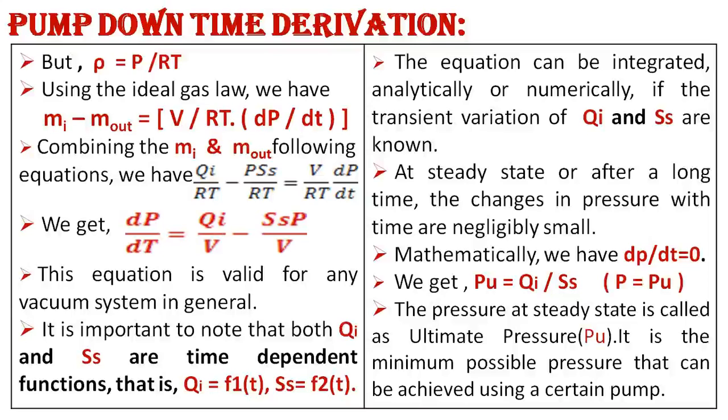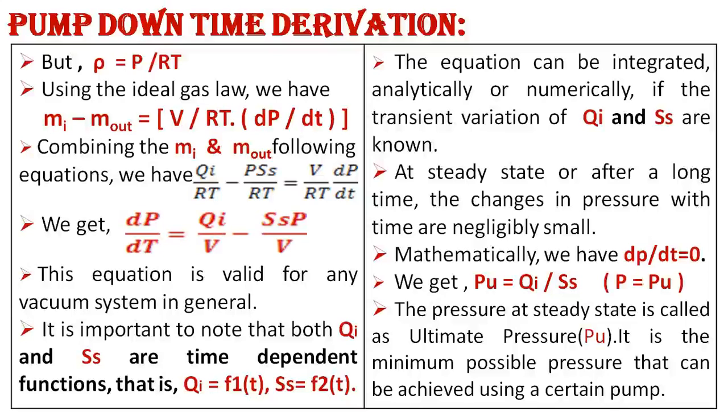It is important to note that both Qi and S are time dependent functions. That is, Qi is equal to f1(t) and S is equal to f2(t). The equation can be integrated analytically if the transient variations of Qi and S are known. At steady state, or after a long time, the change in pressure with time is negligibly small.